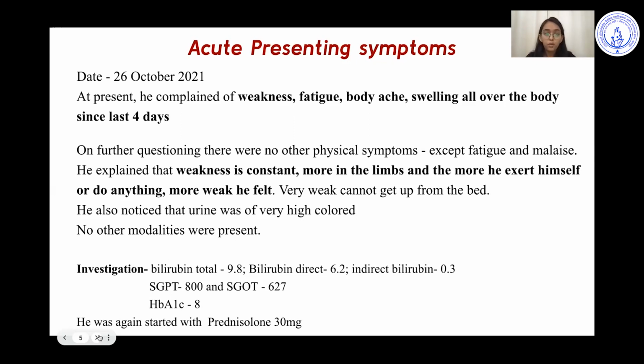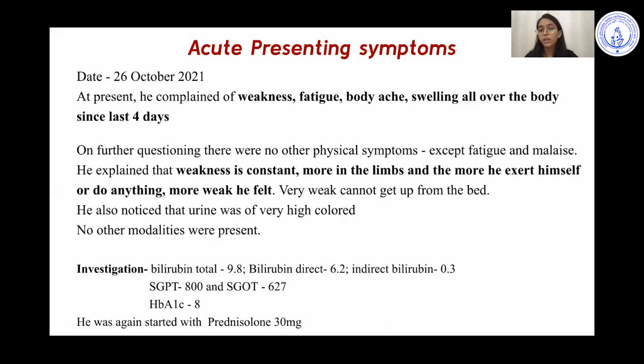Any time he would exert himself, he would feel much exhaustion. He was very weak and not able to get up from the bed, as we saw in the video consultation. He also told us his urine was very high yellow colored, because of the non-obstructive jaundice. He said there are no other modalities present.